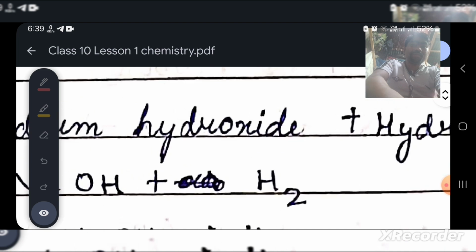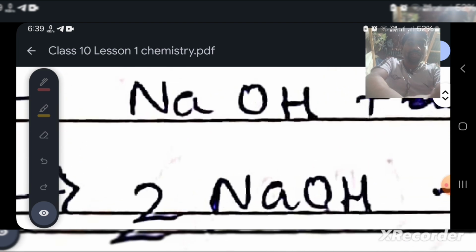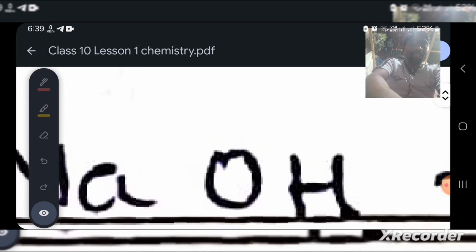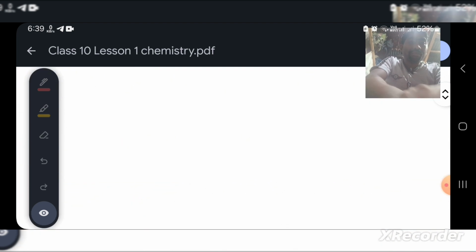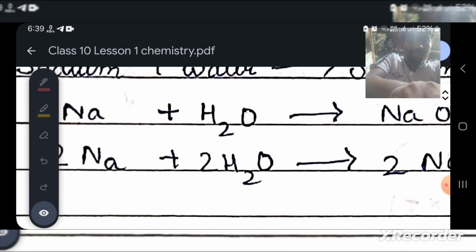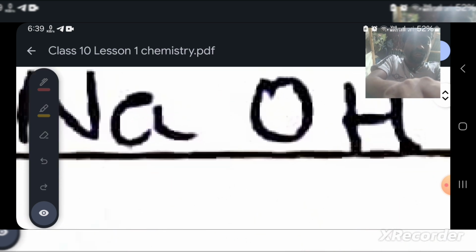Okay. But the point came when this hydroxide, sodium hydroxide, this OH is there. This OH has become more. Means the oxygen is there. You can look in water, there is 1 oxygen this side, and this oxygen is also there 1.